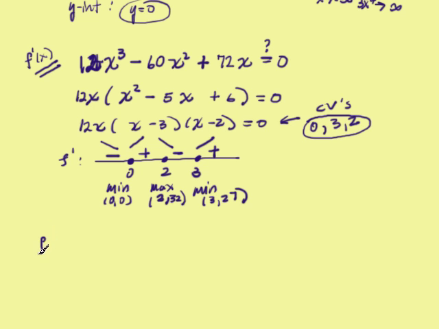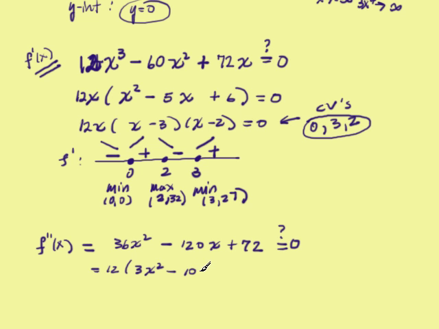Let's do the second derivative. Okay, so here we have 3 times 12, that's 36x squared minus 120x plus 72. And we want to know where this is equal to 0. Well, here we can factor out a 12. And we have 3x squared minus 10x plus 6.